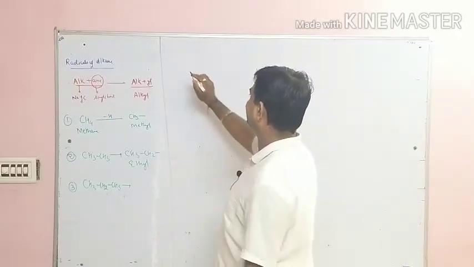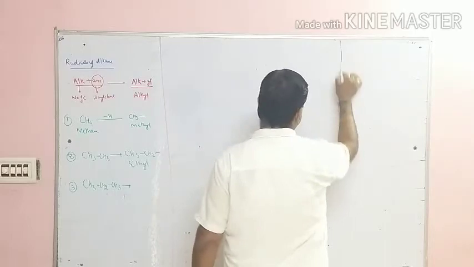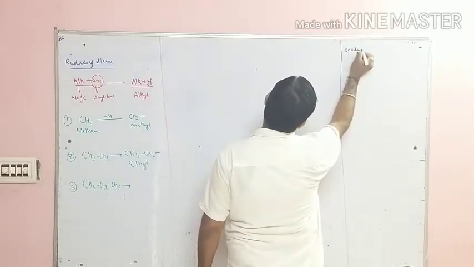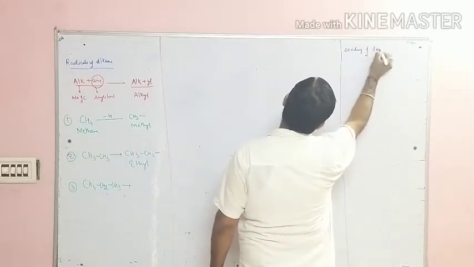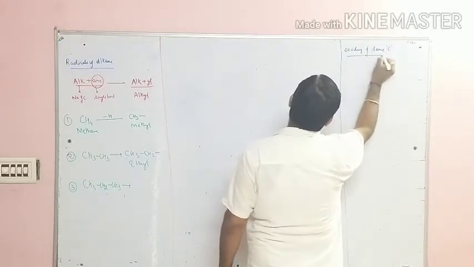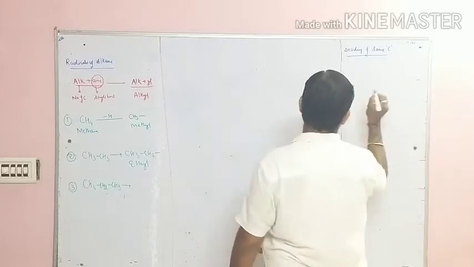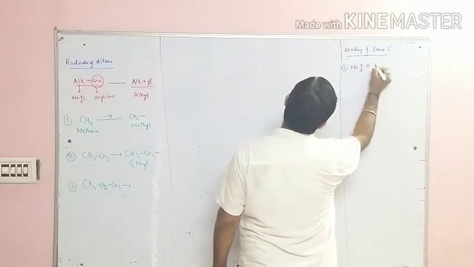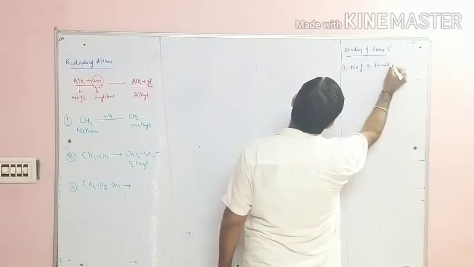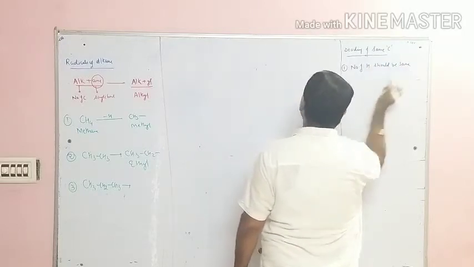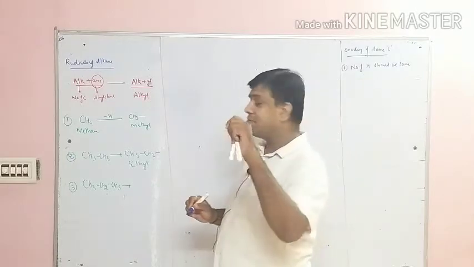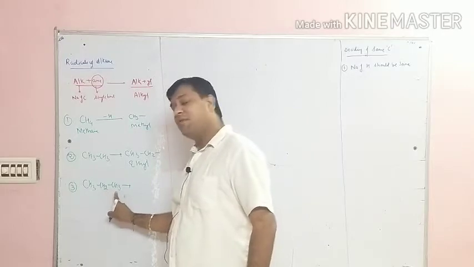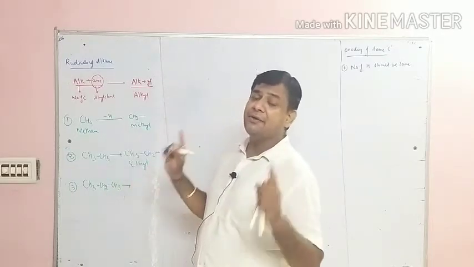It's a very easy concept. First, the number of hydrogens should be the same. If we want 2 carbons to be the same, they should have the same number of hydrogens. In this case, the first and the second have a different number of hydrogens, so they are different carbons.